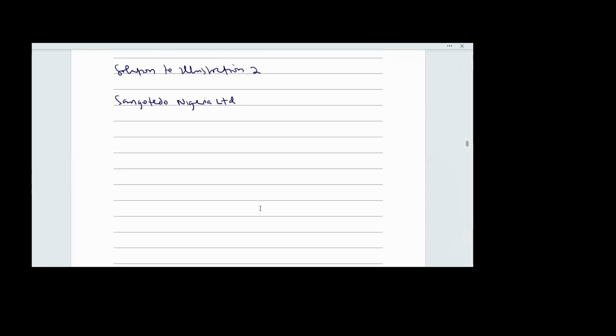So, solution to illustration 2, Shangotedo Nigeria Limited. Requirement A: the examiner is asking you to advise whether Shangotedo Nigeria Limited should make or buy the tubes.